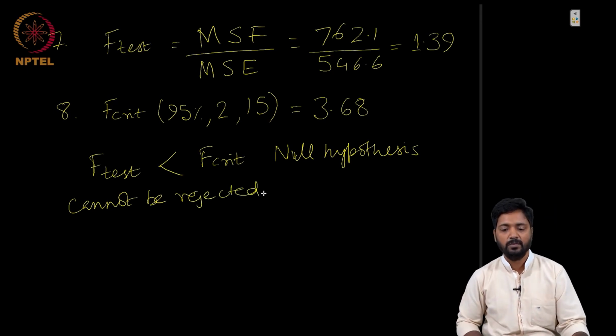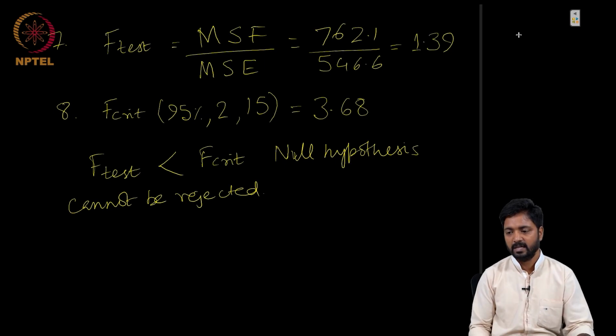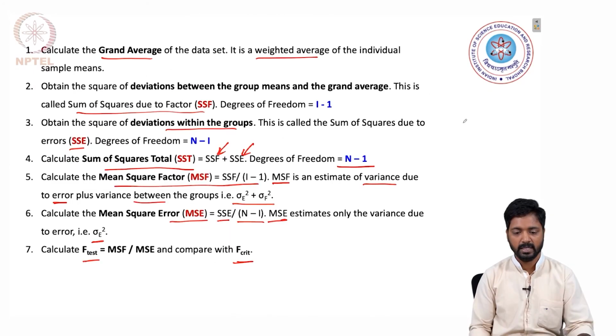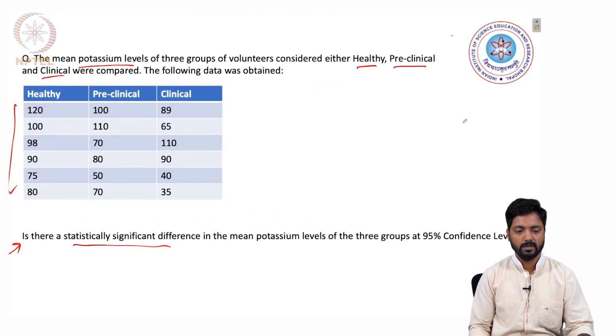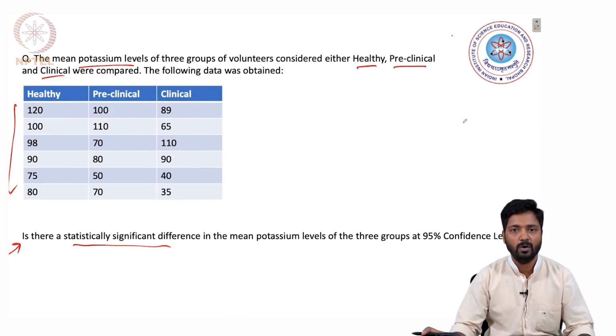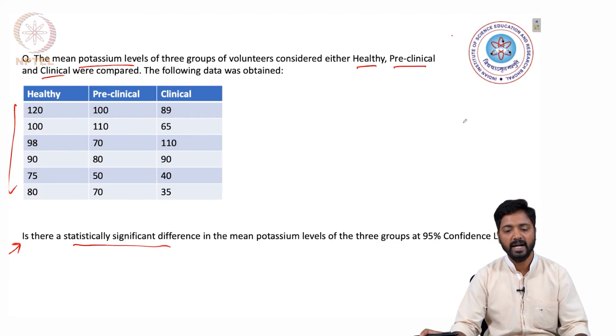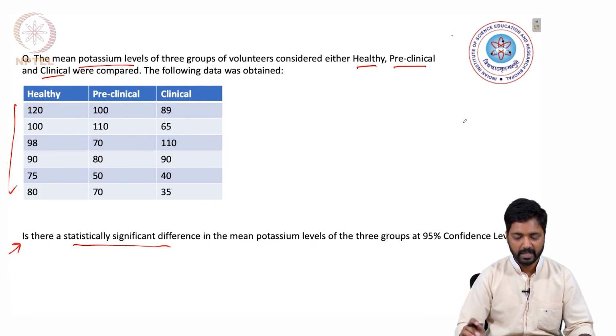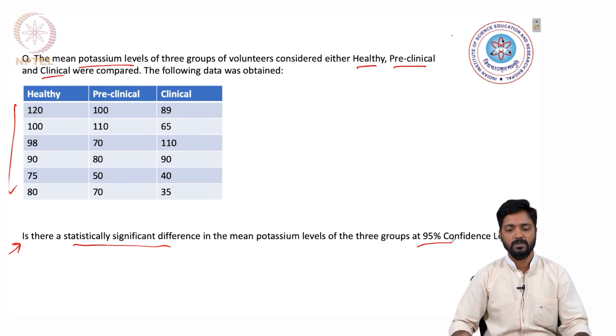That means we cannot say with confidence that there is any significant difference in the potassium levels of these 3 samples. So, in other words, the healthy preclinical and clinical samples have similar population mean values at 95% confidence level.